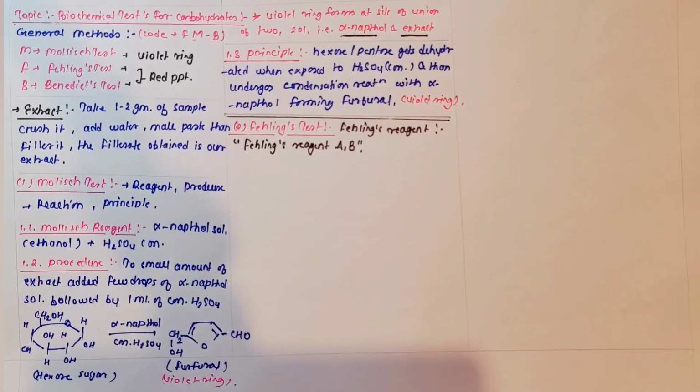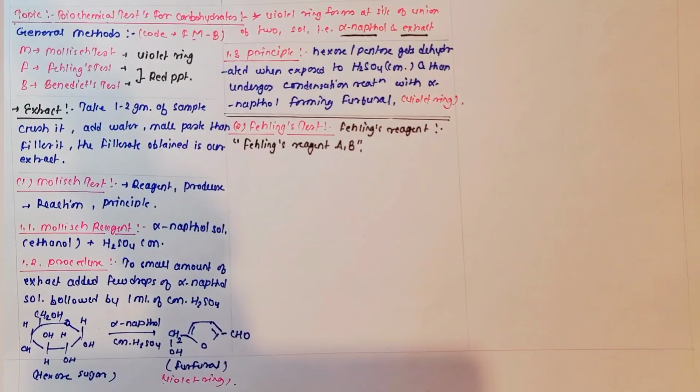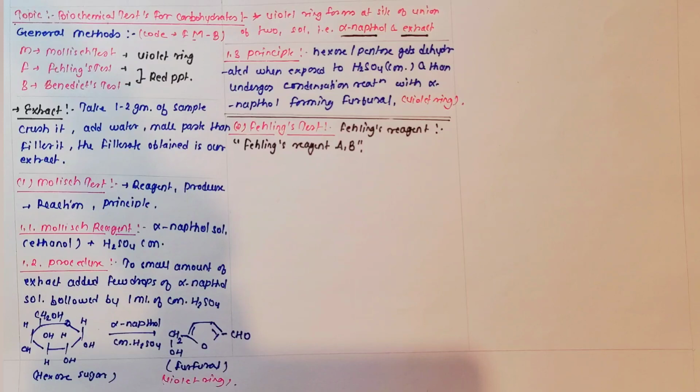So now the second reaction, that is the Fehling's test. We use the Fehling's reagent, and there are two types, Fehling's reagent A and Fehling's reagent B. In this reaction we will be using both of them. The difference is the blueness. One is light blue, another is deep blue, but both have one thing in common, that is the copper.